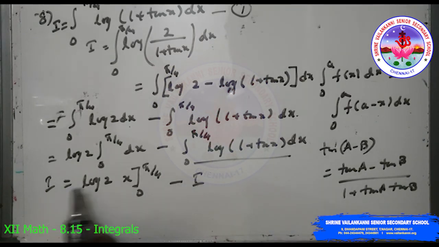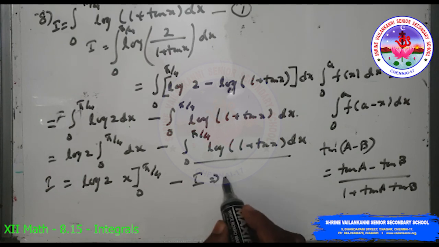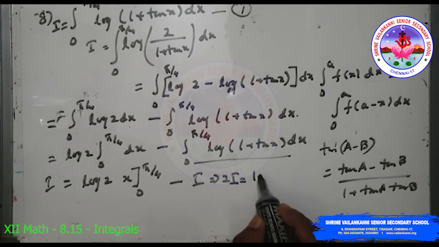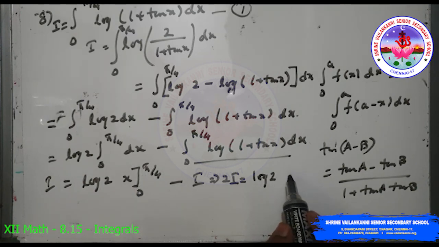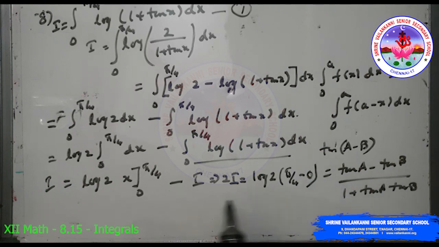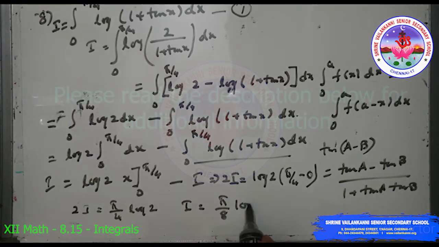So I plus I, we can take this as 2I, which is equal to log 2 upper limit minus lower limit, so pi by 4 minus 0. So 2I is equal to pi by 4 log 2, I is equal to pi by 8 log 2.